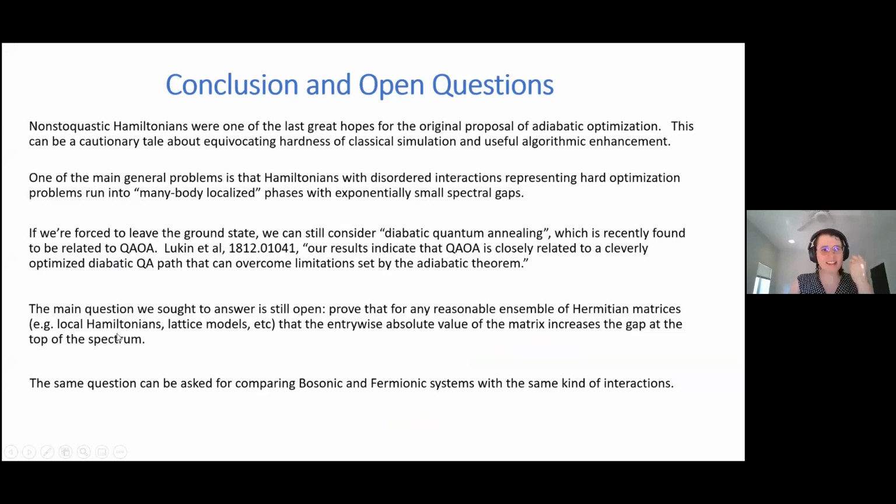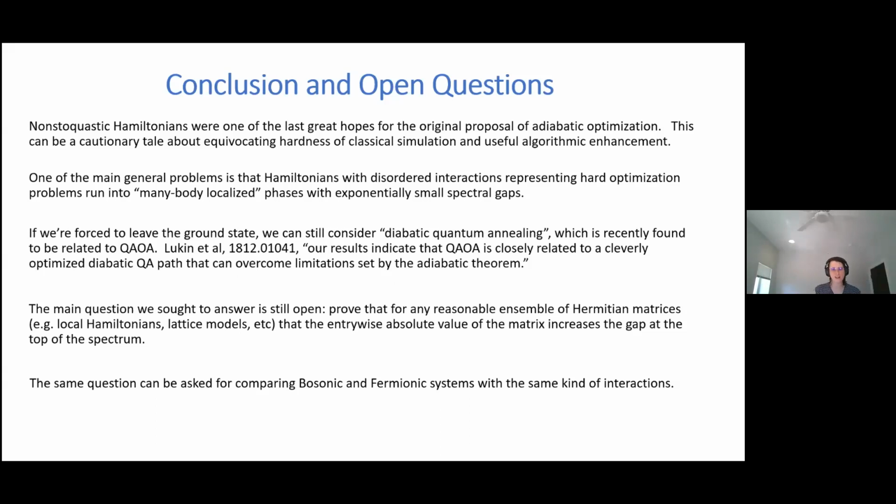The main question we sought to answer is in a sense still open. Prove that for any reasonable ensemble of Hermitian matrices, local Hamiltonians, maybe some specific lattice models you care about, that the entry-wise absolute value, or this de-signing, increases the gap. Okay? And then, of course, the same question can be asked for comparing bosonic and fermionic systems with the same kind of interactions.